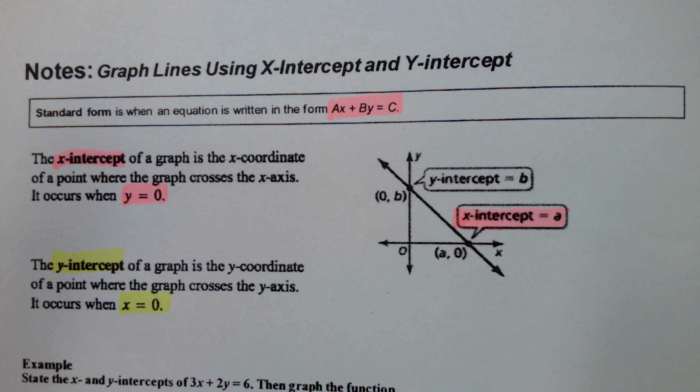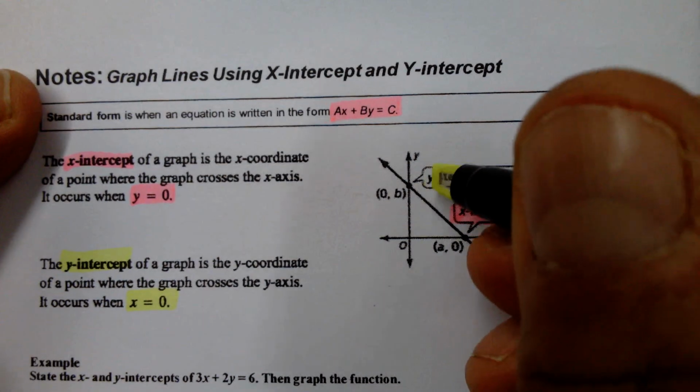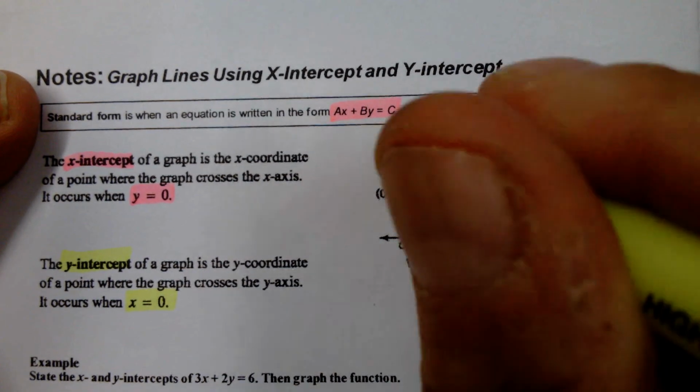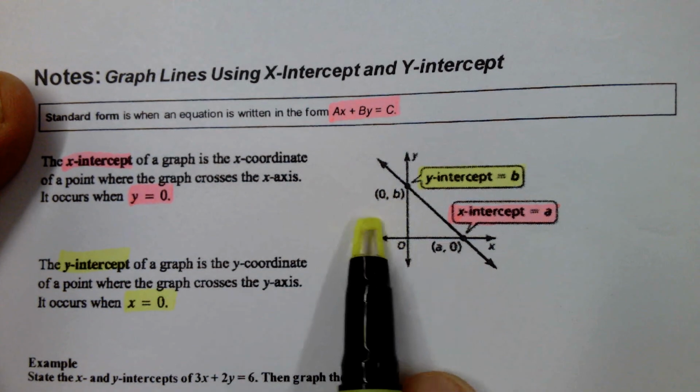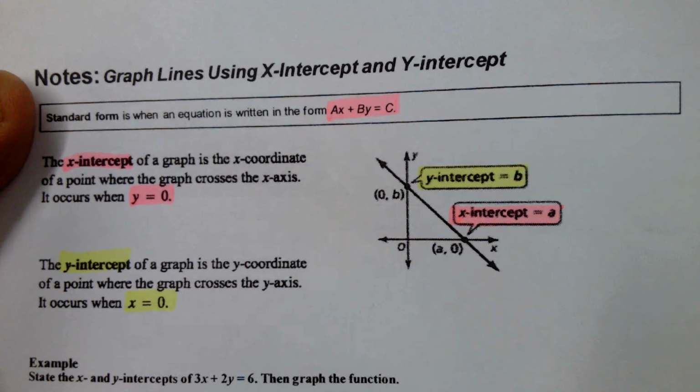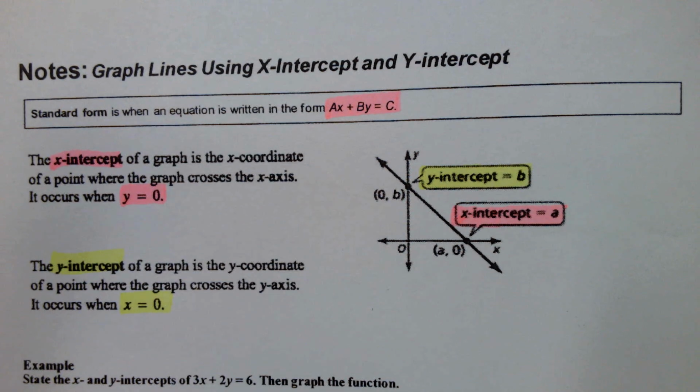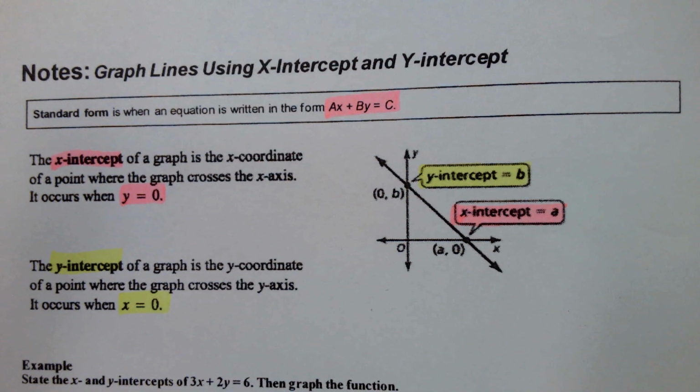Okay. X-intercept, y equals 0. Y-intercept, x equals 0. Okay, so here we have it right here. And it's on the graph, it's where the line crosses the y-axis, and the x-coordinate would be 0. So we're calling it some point B. Any questions? So we're going to be hunting for these numbers.